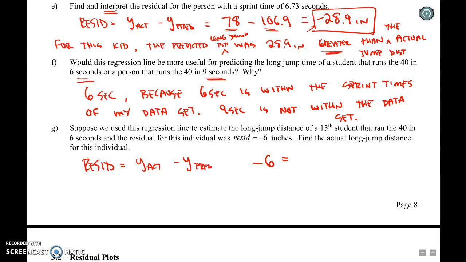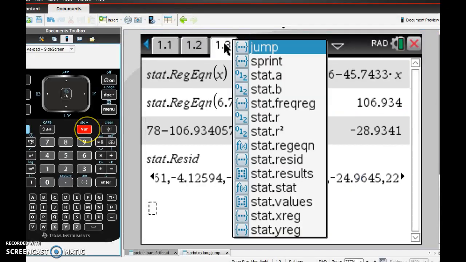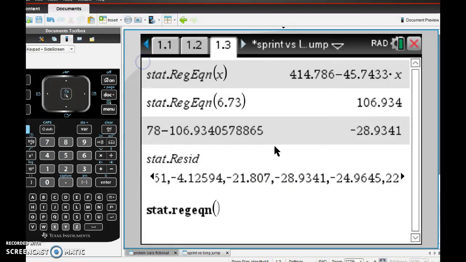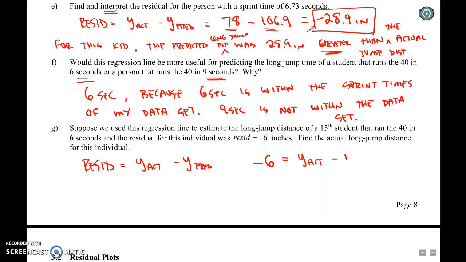The student ran the 40 in 6 seconds. So the y actual is unknown. Can I find the y predicted? Yeah. If you want to predict it for 6 seconds, just plug it into the equation. Find the prediction. 6 seconds, 140.3.